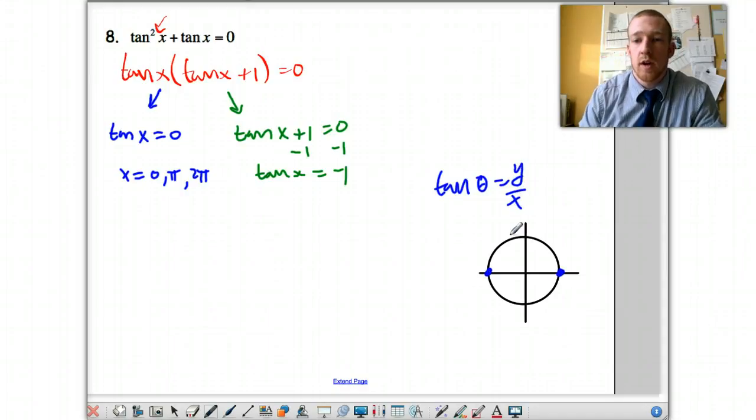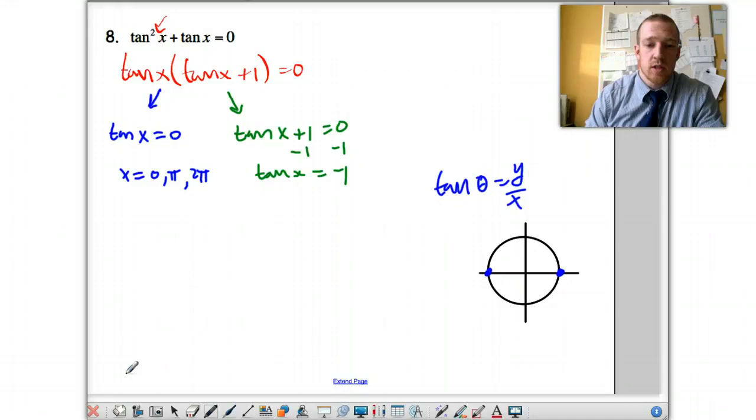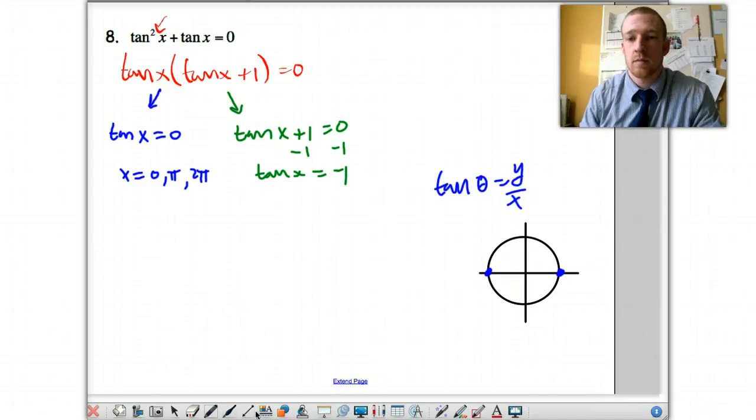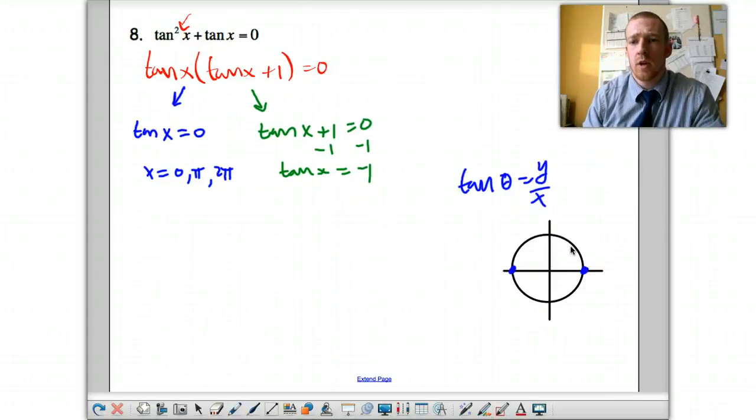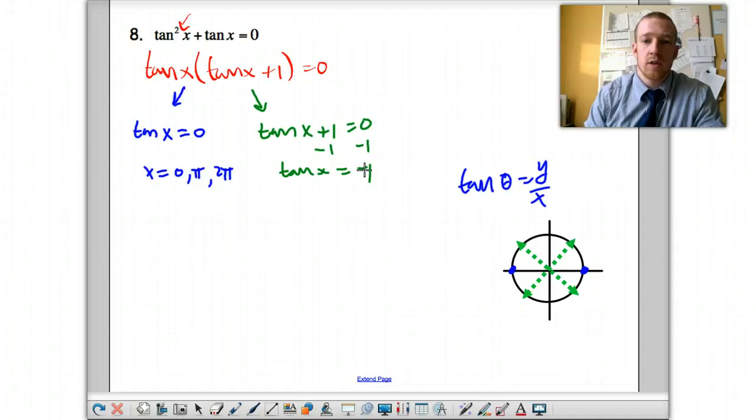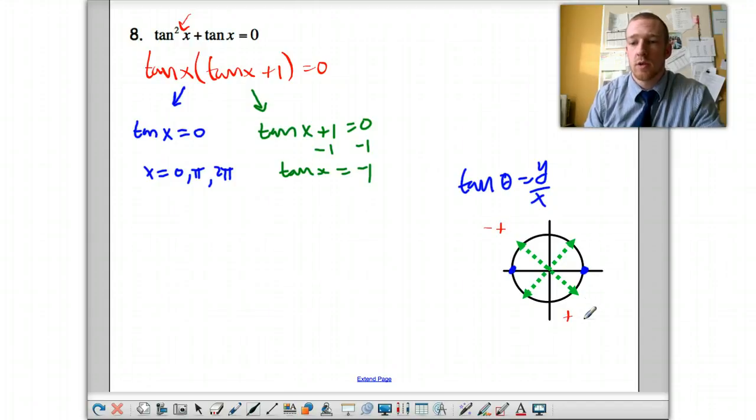The only time the y and x values are the same is when we're dealing with the 45-degree reference angles, right? Because then our y and x value ratios are going to be the same, and we want it to be a -1, and that's going to occur when the signs are different for the sine and the cosine: a negative sine and a positive cosine, or a positive sine and a negative cosine.